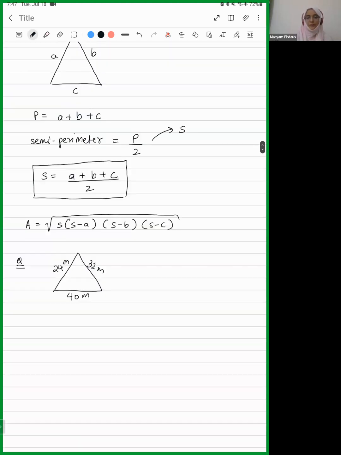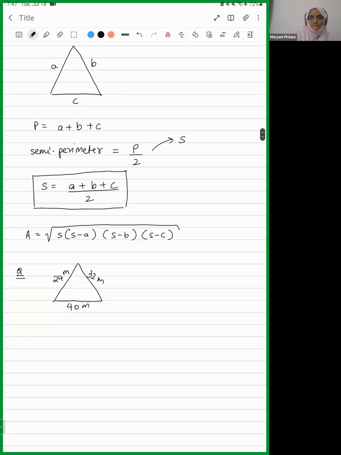Have you all written till here? Now, for this triangle, what will be the semi-perimeter?